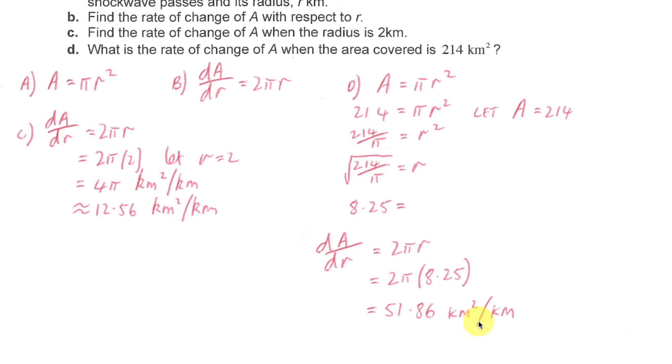So what we've just discovered here is that when the circle is exactly 214 kilometres squared, that will mean that the radius is 8.25 kilometres, and that means that the rate at which the area of the circle is increasing is 51.86 kilometres squared per 1 kilometre increase of the radius.